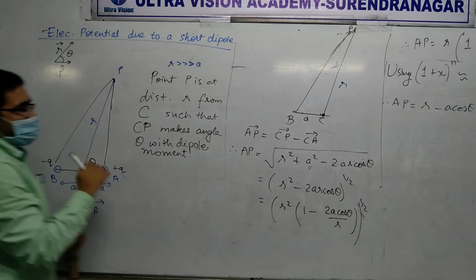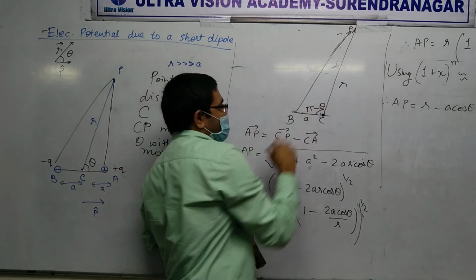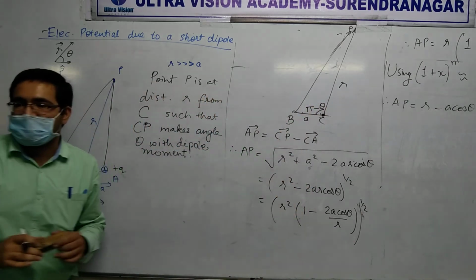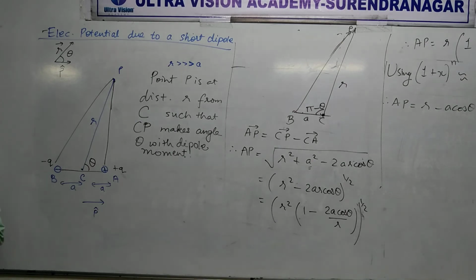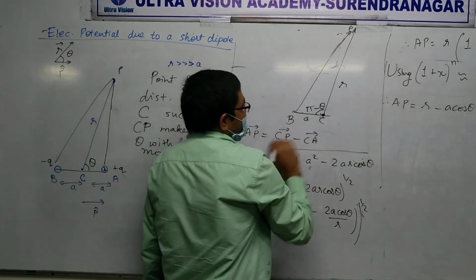What is this angle here? It's going to be pi minus theta, or 180 degree minus theta. Yes or no? Yes. Okay. Right?